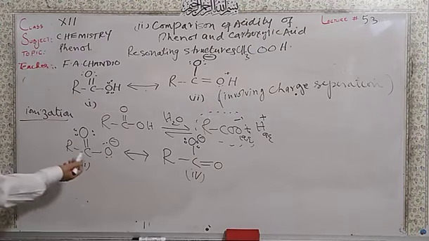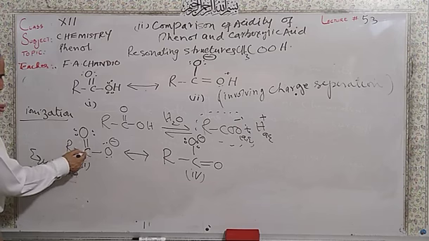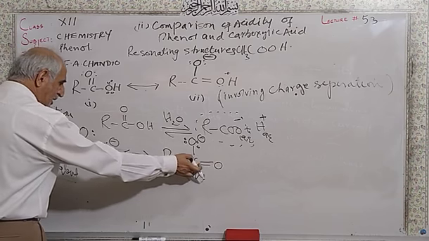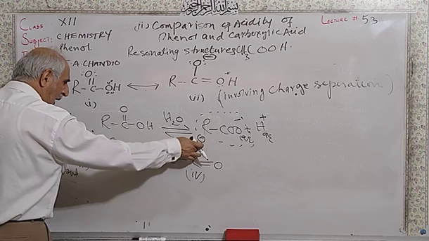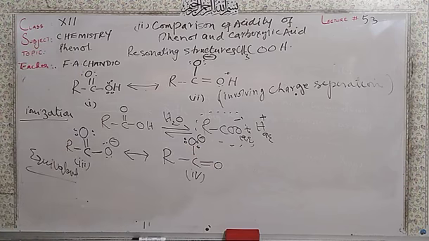You can see how 3 and 4 are equivalent structures. Here the carbon-oxygen double bond and the negatively charged oxygen just change position. Only the position of the carbonyl group changes, so there is no major difference between them.